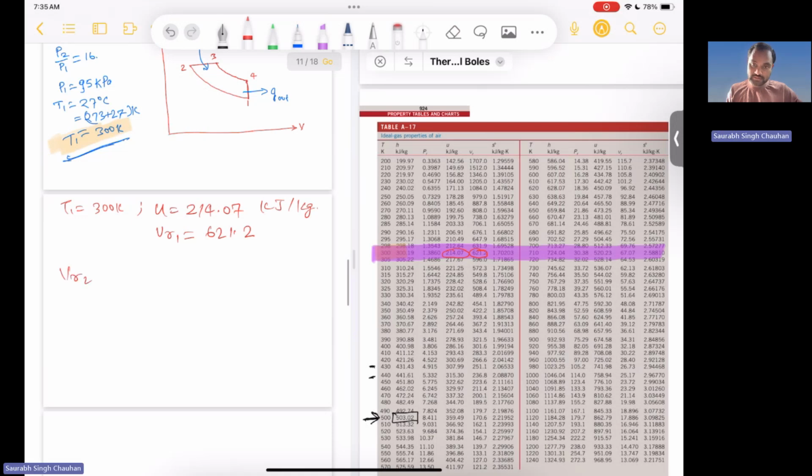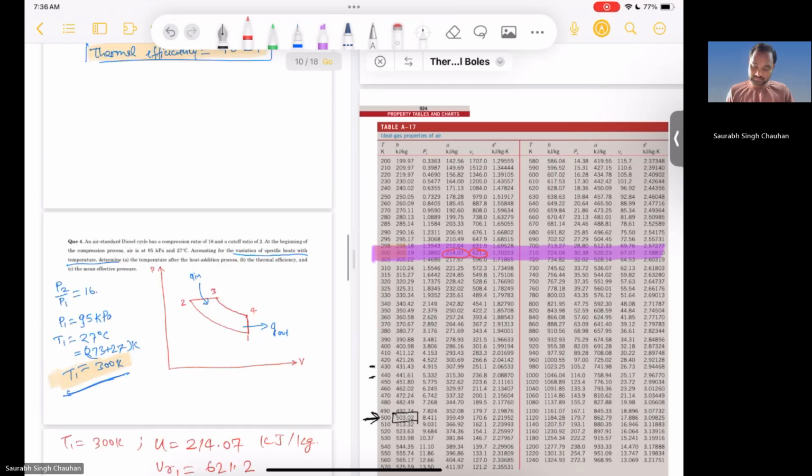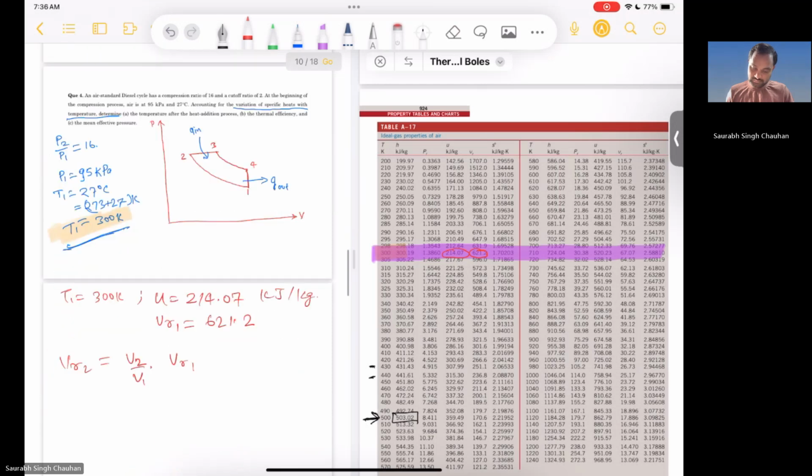So VR2 will be V2 by V1 into VR1, right? And compression ratio is given to be 16.